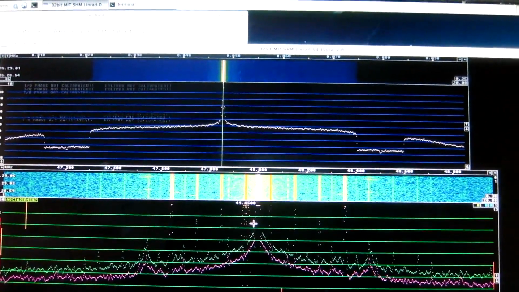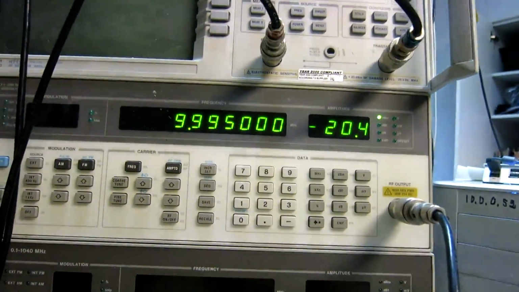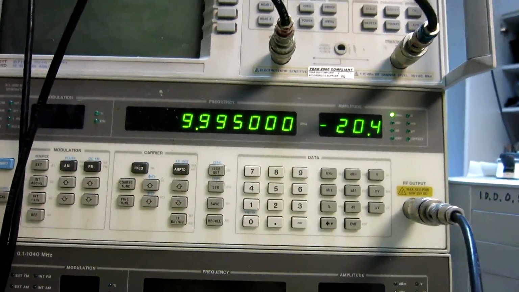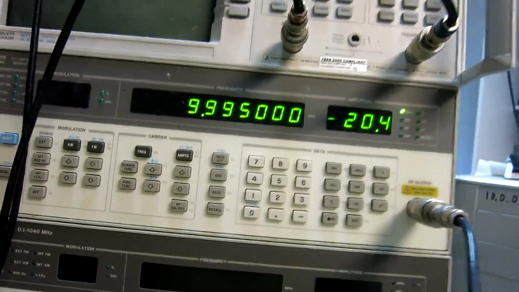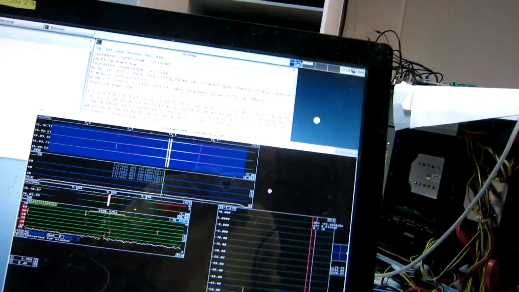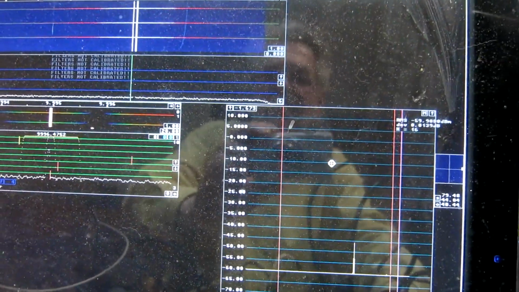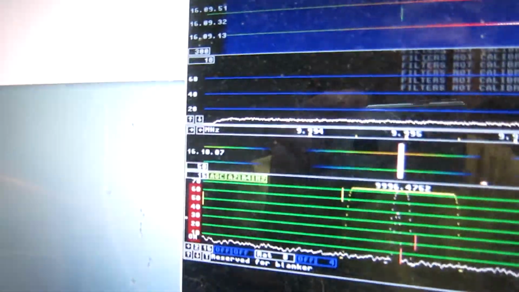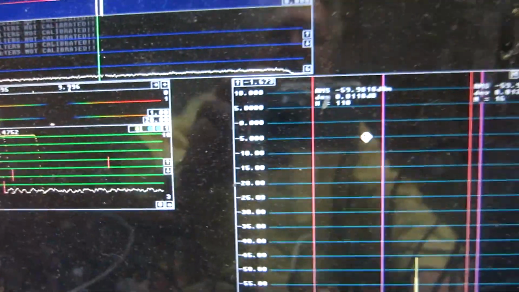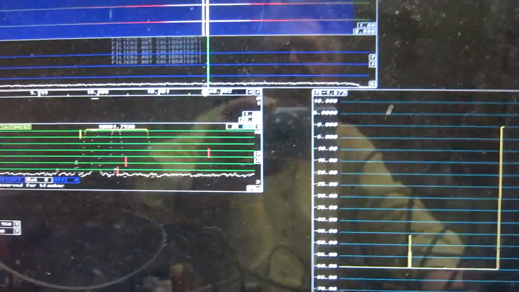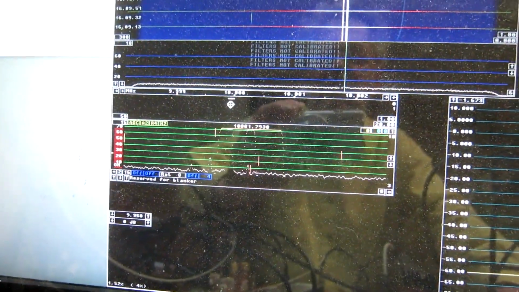at close range. I'm now looking at a separation of 5 kHz. I have not changed the setting on the generator, and I have not changed the calibration on the SDR IP. And the level I see from the generator is minus 59.98, which is close enough to 60.